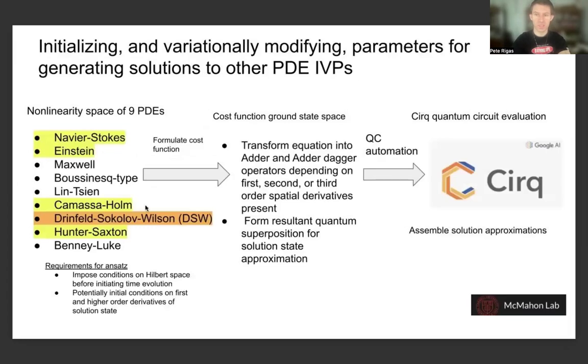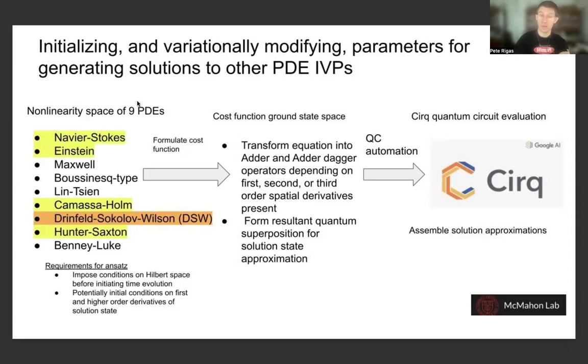And this is important because this is a slide that I reproduced from some previous presentations I've given, in which we're interested in a variational quantum algorithm and generalizations of the variational quantum eigensolver in terms of initializing and variationally modifying parameters for generating solutions to other PDE initial value problems.